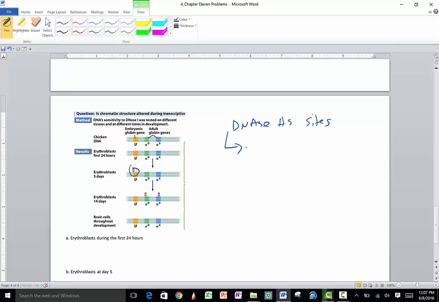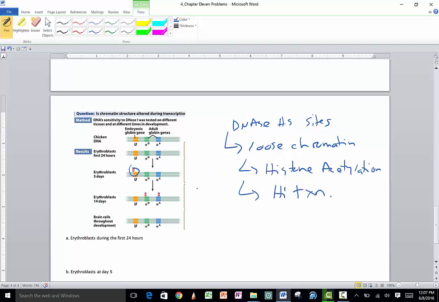What that means is that there's loose chromatin, probably due to histone acetylation, although we haven't shown that, but just to tie it into what we just talked about up above, and then high transcription. Later on, we'll talk about how we measure transcription and how we measure acetylation.